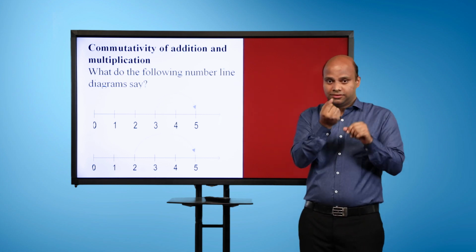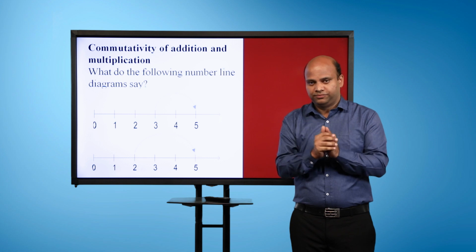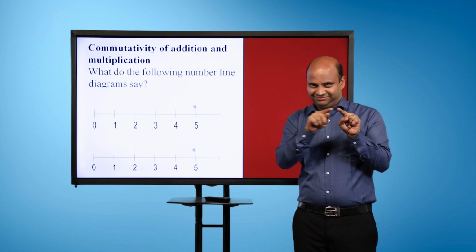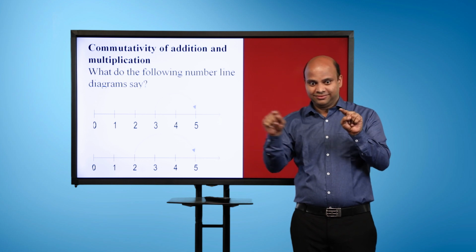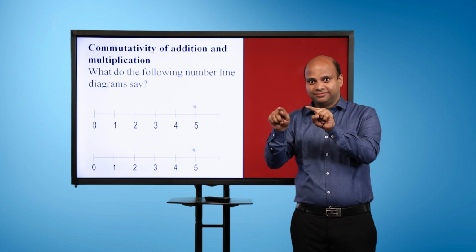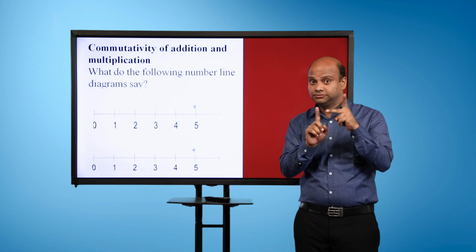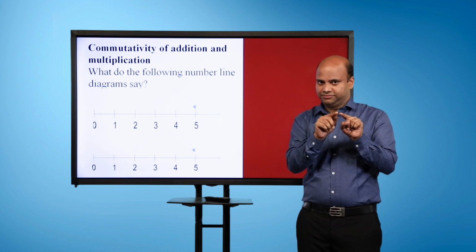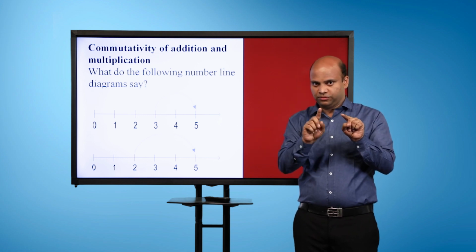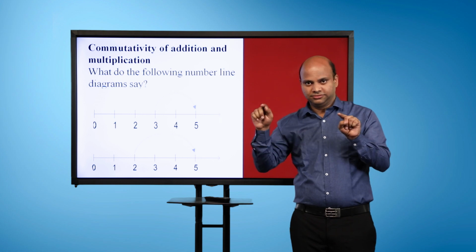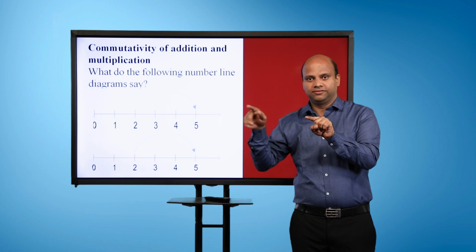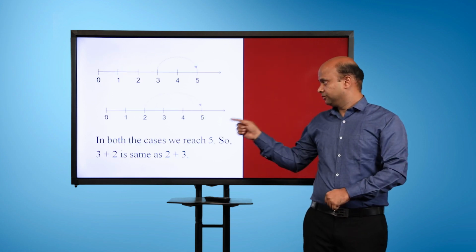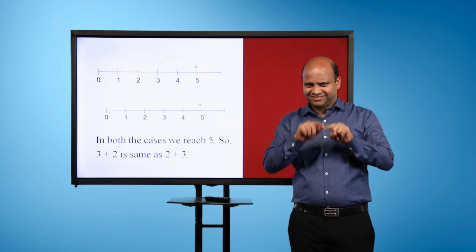What do the following number line diagrams say? We have two line diagrams, both with numbers marked from 0 to 5. In both the cases, we reach 5. In the first one from 3 to 5, and in the second one from 2 to 5.